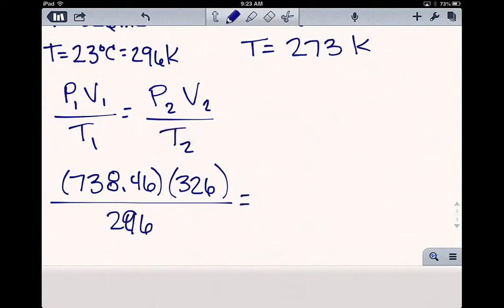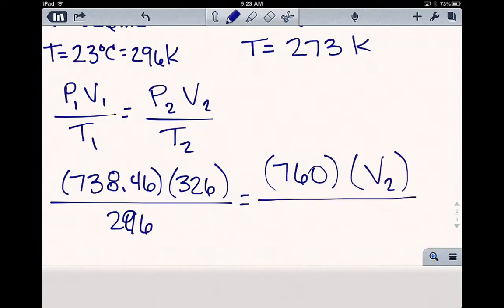And we'll set that equal to my P2, which is standard pressure, so that's 760, times my V2, which is what I do not know. I'm going to be looking for that, over T2, which is 273.